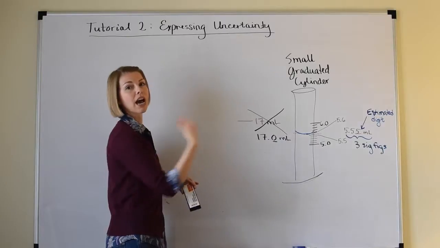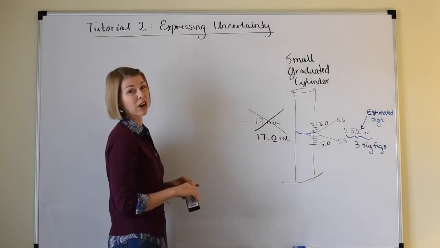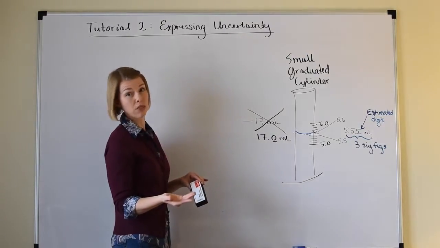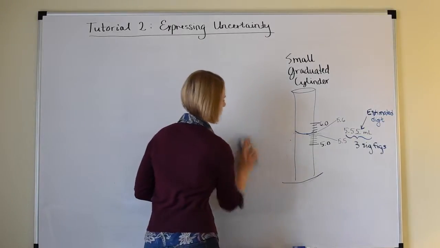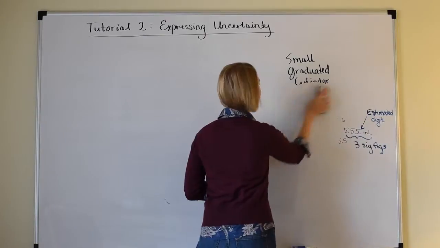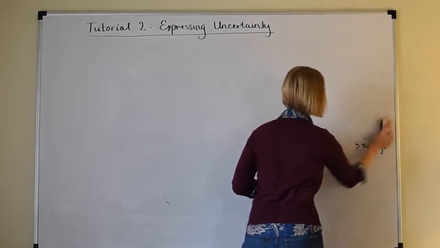You want to make sure that when you're counting those increments, you're counting them correctly and that you're not counting a 1/10 when it's really representing a 2/10. Okay? So just a little side note there.